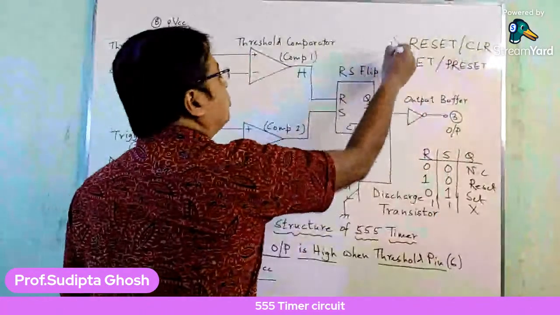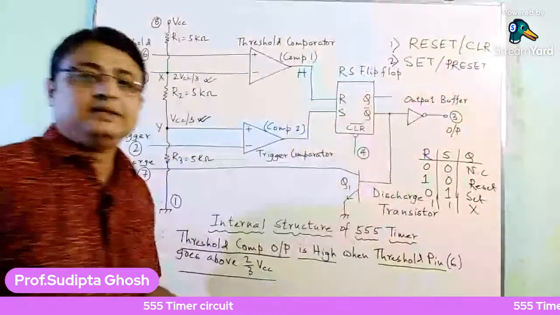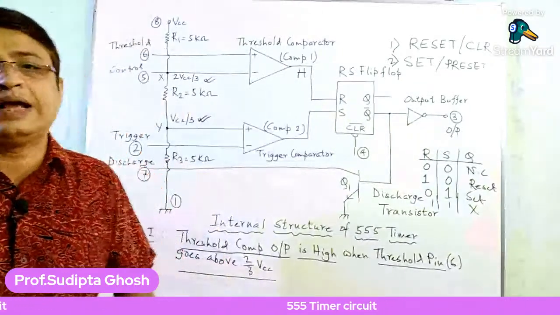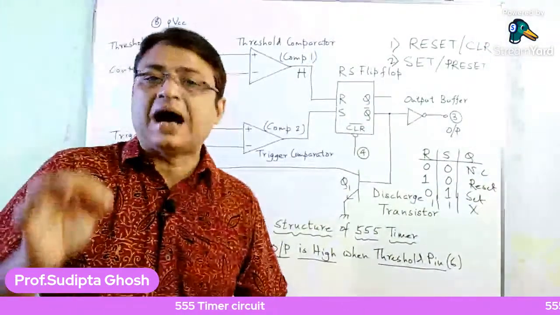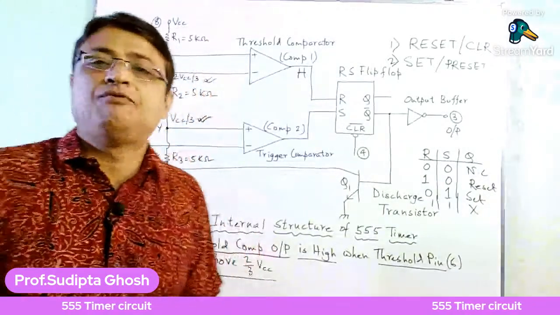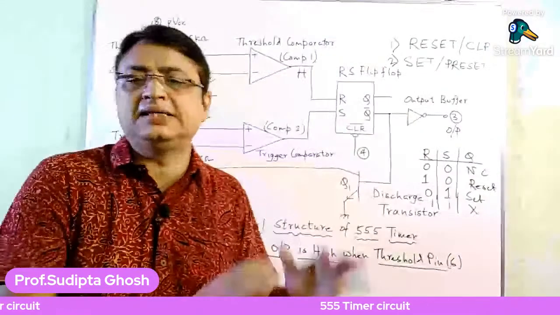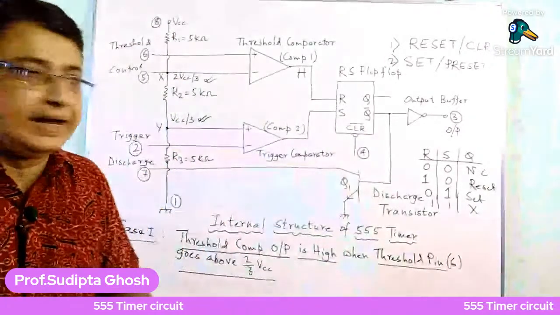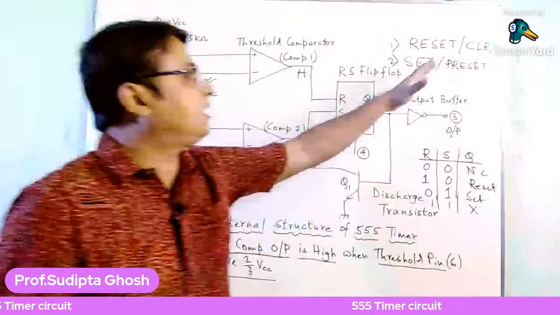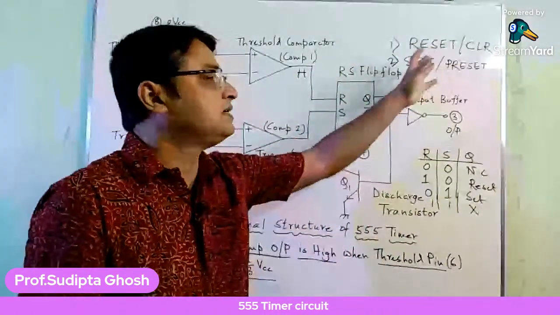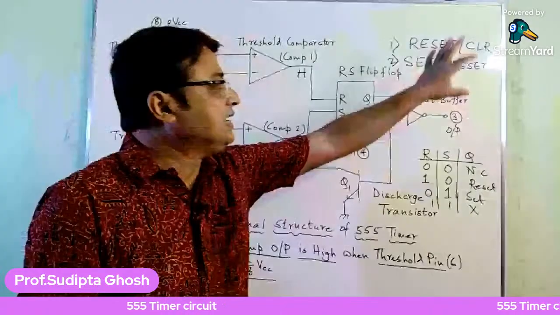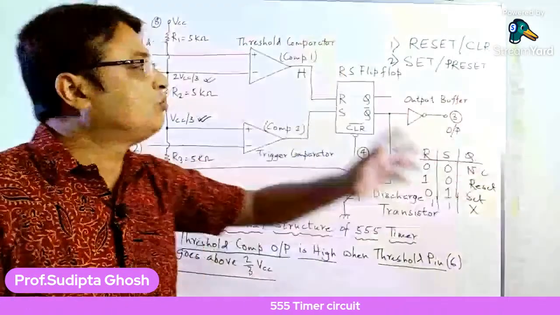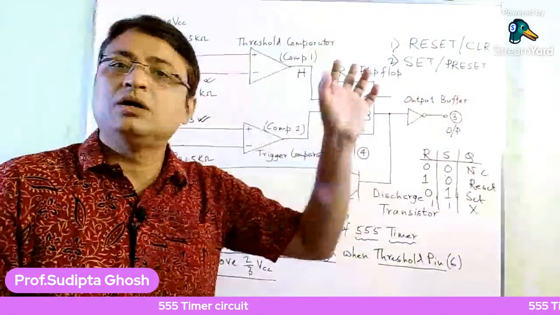So these two inputs are available for any digital IC, specifically the flip-flop ICs. Many ICs have these additional inputs. Now, what do these inputs implicate? These are either set and reset, or clear and preset. So you can have set and clear, or you can have preset and reset.